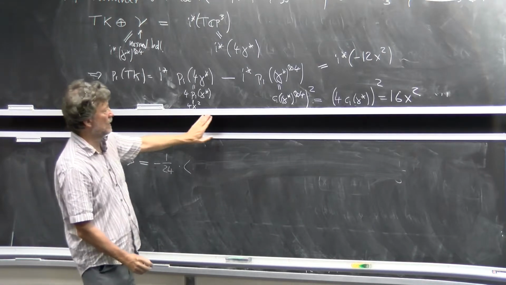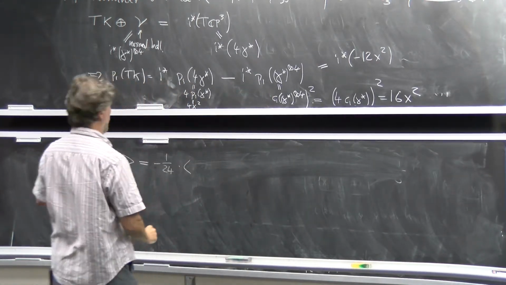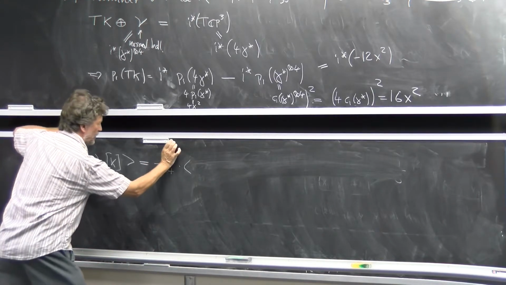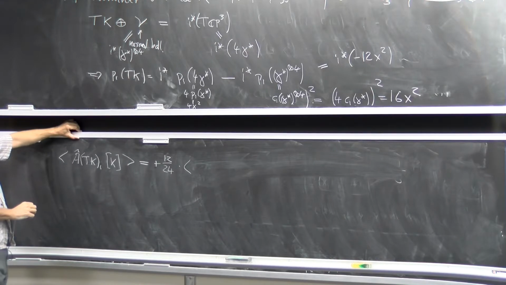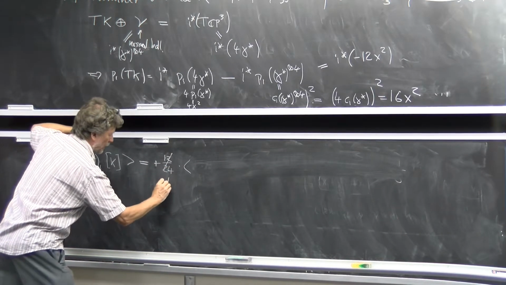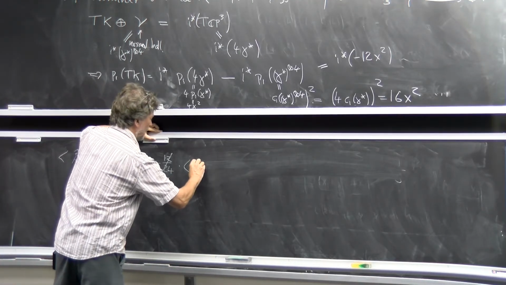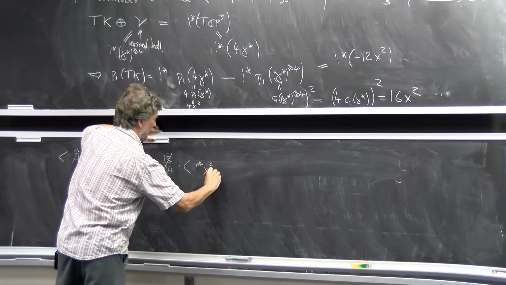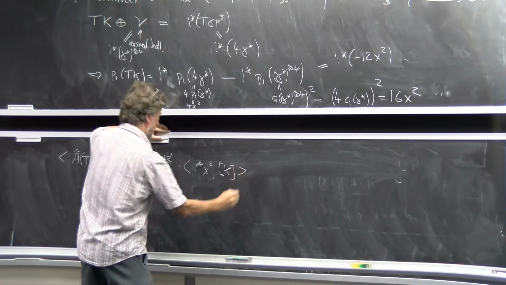This class is, what is it, minus 12. So let me pull out the minus 12. So the 2 minus signs cancel each other, and I get 12 over 24. So I get 1/2 times I star of x squared evaluated on the fundamental class.